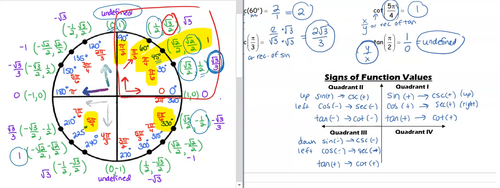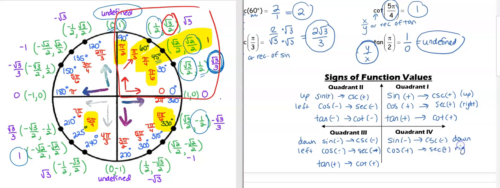All right, then in quadrant 4, we're going to the right and we're going down. Because I'm going down, the sine value is negative, making cosecant negative. But now I'm going back to the right, and when I go to the right, cosine is positive and secant is positive.